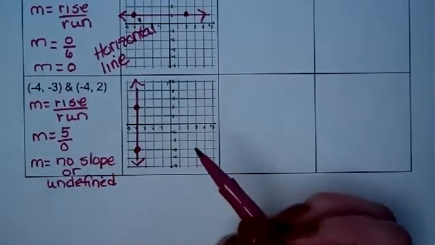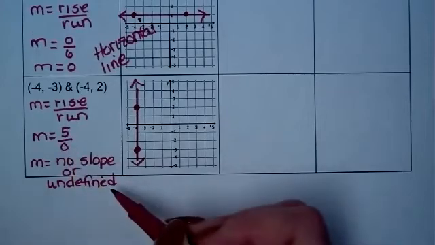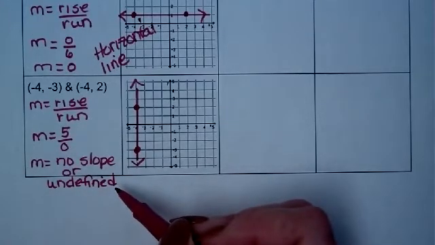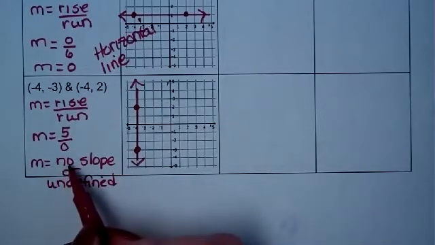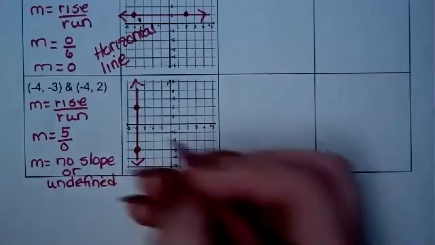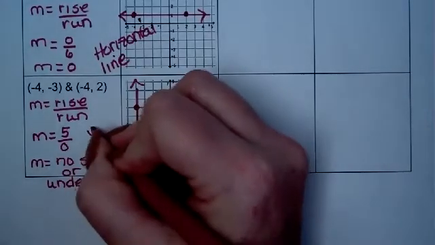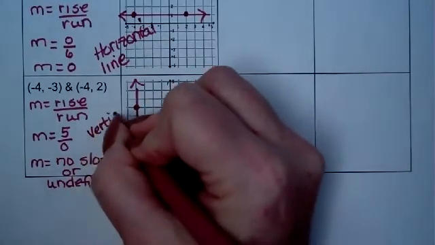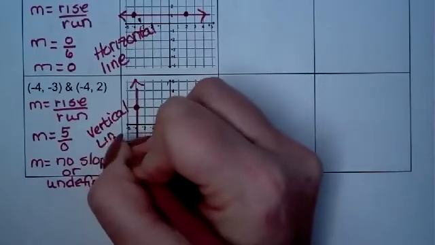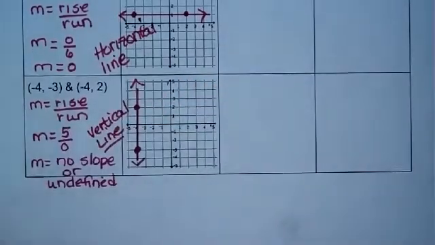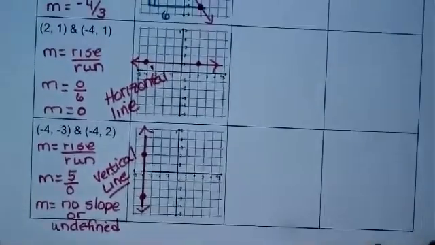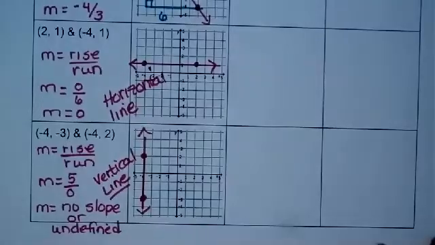Because we cannot have a 0 in the denominator, that means it has no answer, but instead of saying no answer, we just say no slope. This will only occur when we have a what? A vertical line.